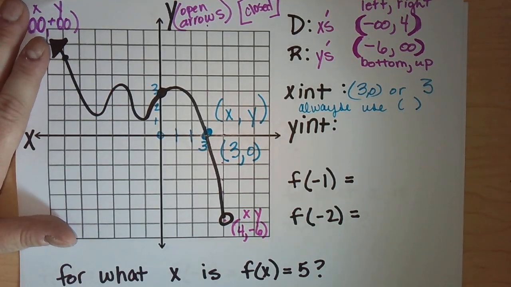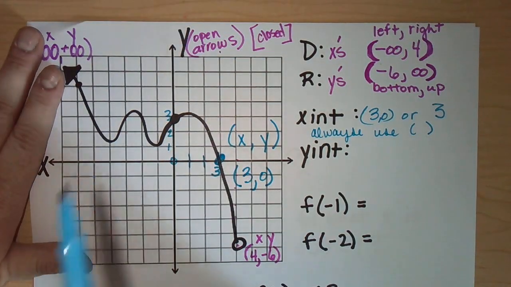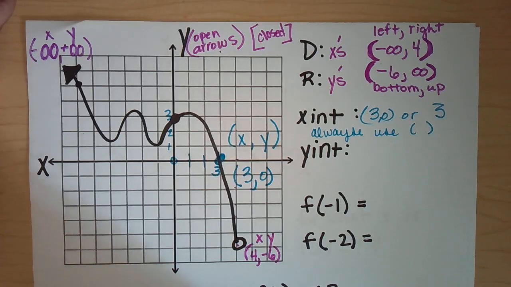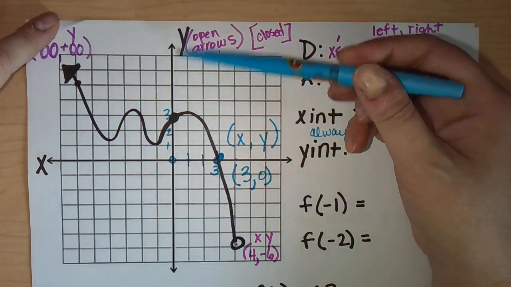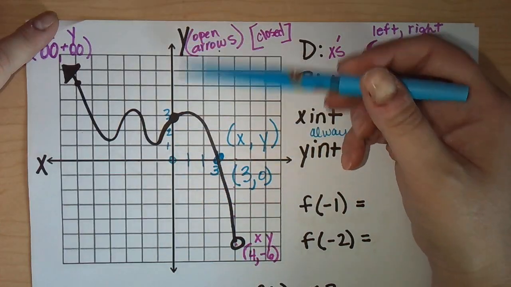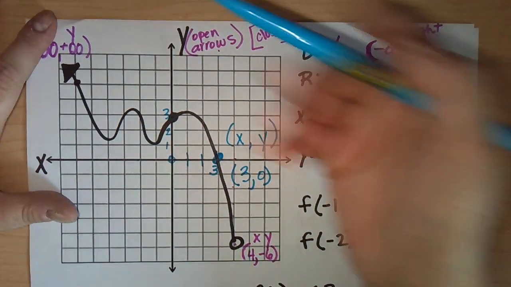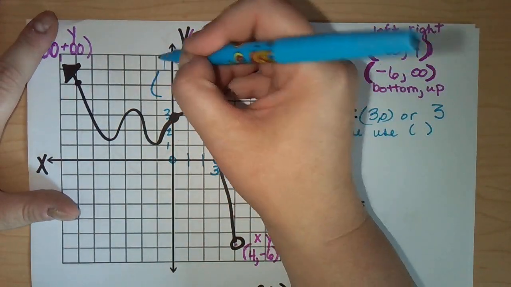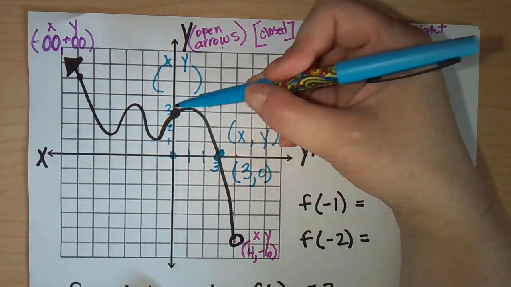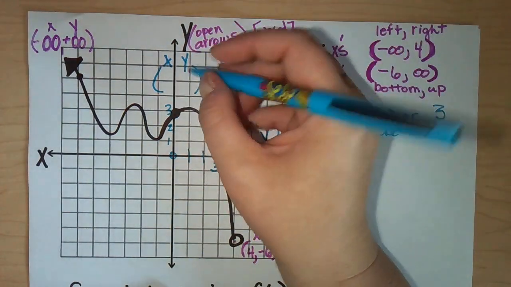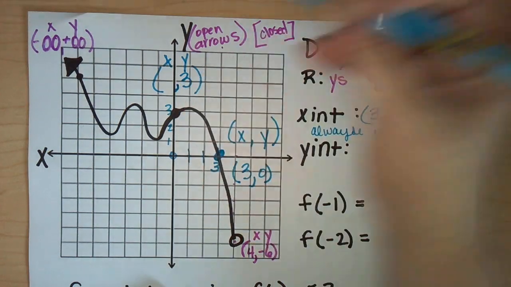Okay, let's look at your y-intercept. It's the dot from your curve that touches the y-axis. The y-axis is this up and down line. My curve touches that line right here. Okay, let's see, what is this 3 on? This 3 is on the y line, so I'm going to put a 3 in the y area.